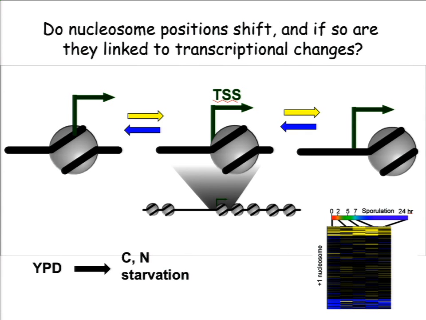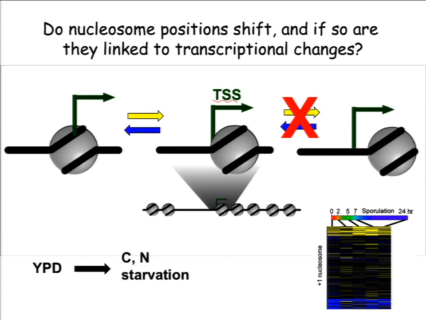6,000 genes. We're looking at the +1 nucleosome, and you see yellow here means it's shifting in the downstream direction, actually upon carbon-nitrogen starvation, and it doesn't change during the sporulation process. These genes here are shifting in the upstream direction. We don't see any of these cases here.